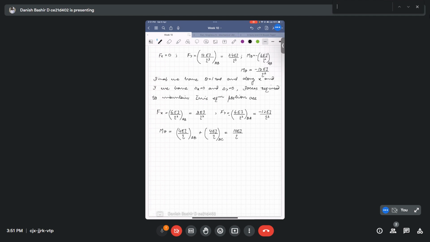Finally, we can write the equation of this stiffness matrix as force. We have force developed is stiffness matrix K times displacements at that point. So we have forces Fx, Fy, and the moment.